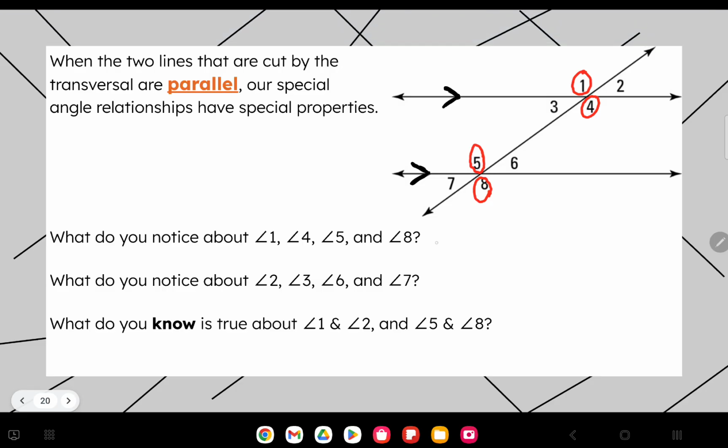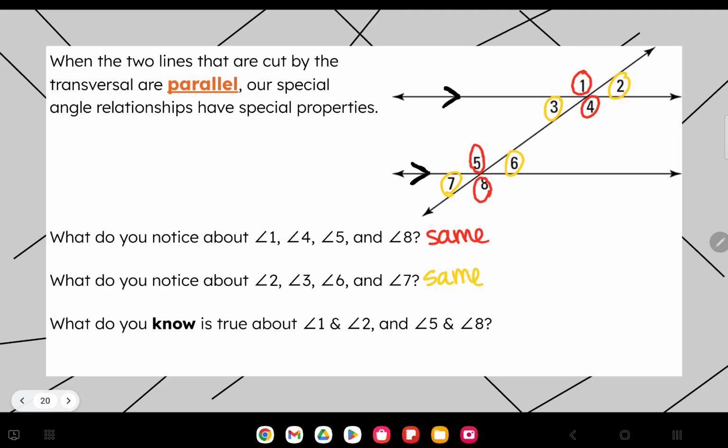They all look like they're the same. Now, how about angle 2 and angle 3, angle 6, and angle 7? They also look the same as each other, but still different from the other 4 angles.